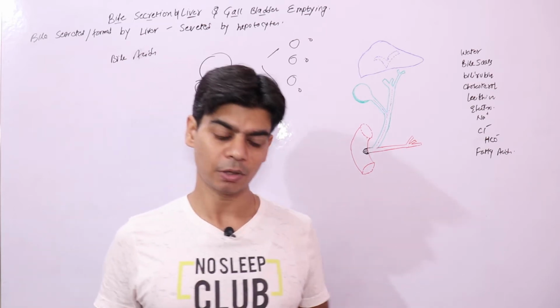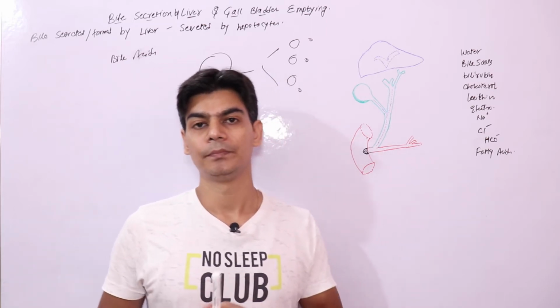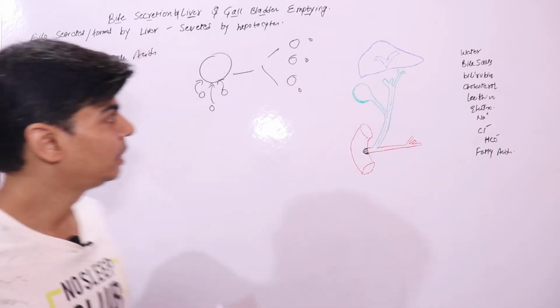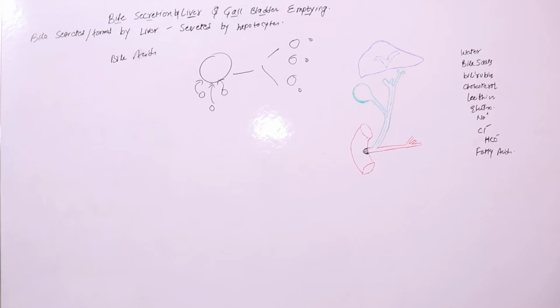Waste products of blood are your bilirubin, and we know bilirubin is formed from hemoglobin, and the excess of cholesterol.